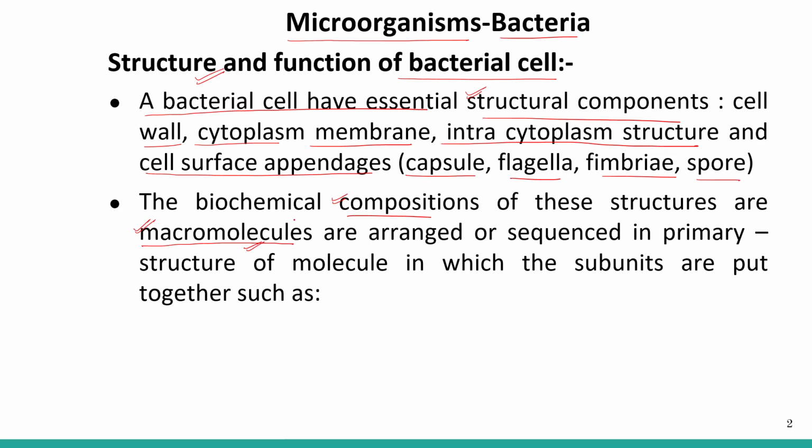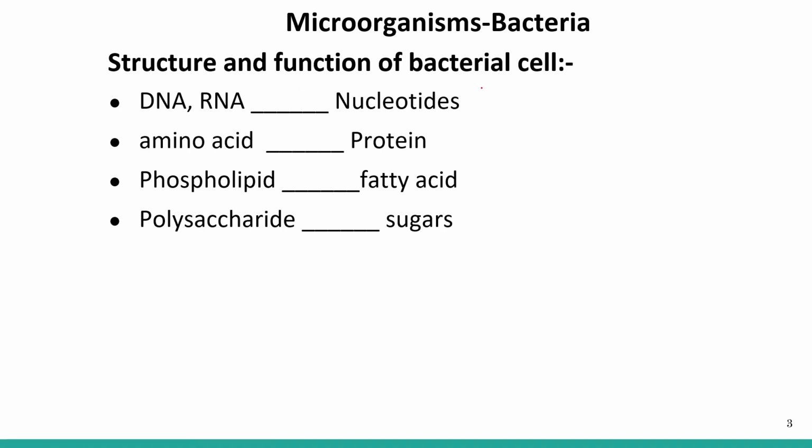All the biochemical composition of these structures present in the bacterial cell are in the macromolecules category, and they are arranged or sequenced in the primary structure of the molecule in which the subunits are put together. In this category, DNA and RNA are the nucleotides. Next is amino acids.